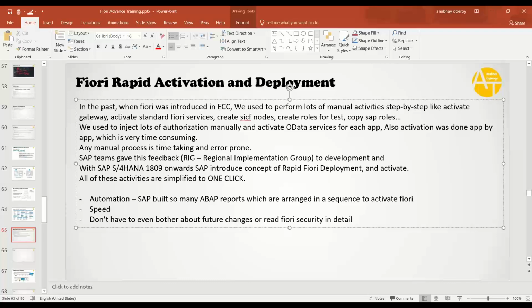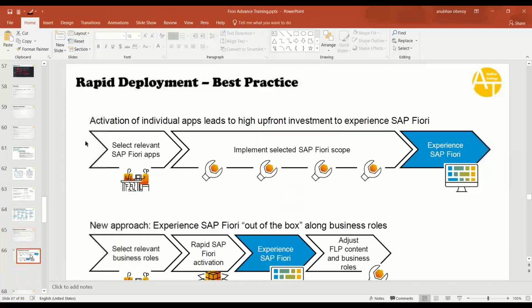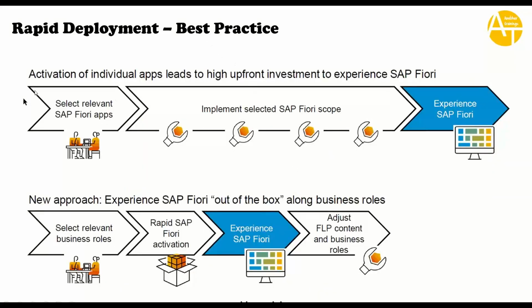So in the past, what was the process, and now what is the process? Here is a comparison of the process. In the past, this is how people experienced Fiori: activation of individual apps was done. You select the apps, you activate each app one by one. You see this option, maintenance, all is manual activity, and then experience Fiori.